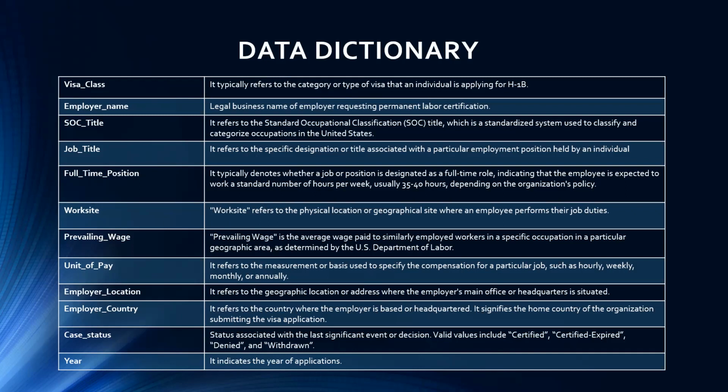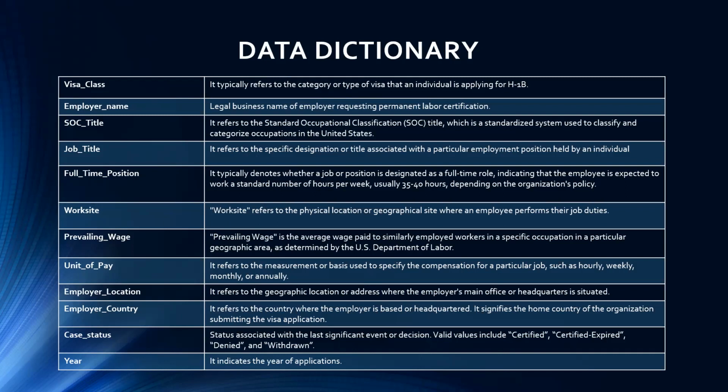The job title refers to a specific designation or the title associated with a particular employment. The full-time position tells whether the particular position is designated as a full-time role, and usually it's 35 to 40 hours depending on the organizational policies.